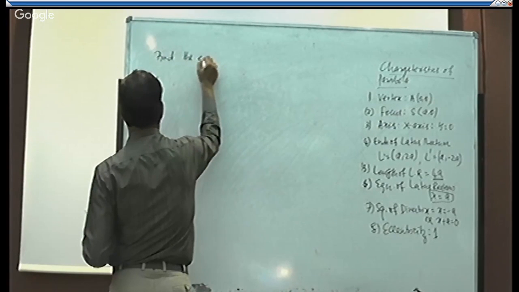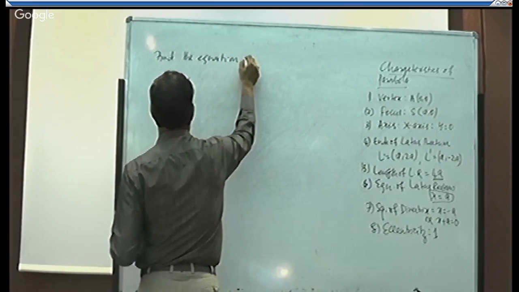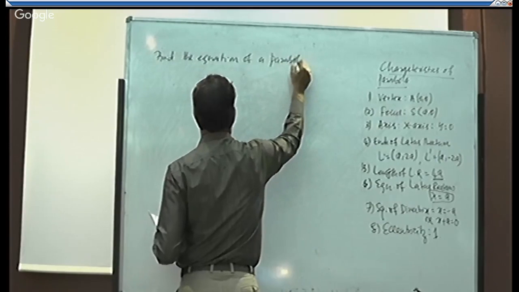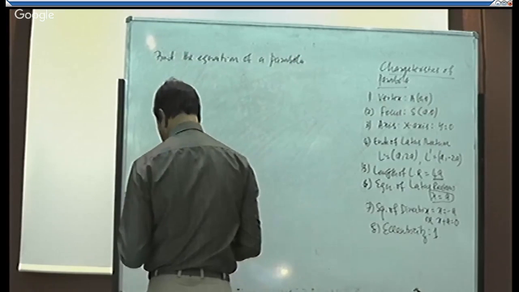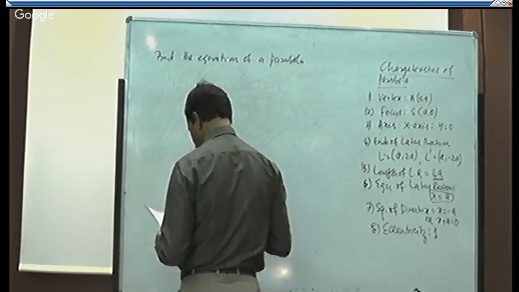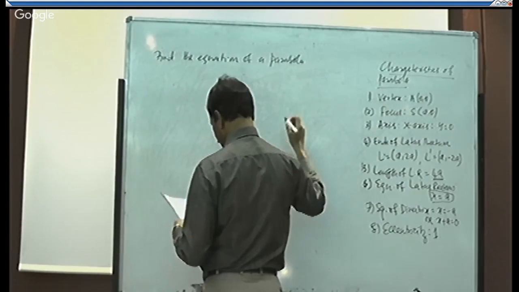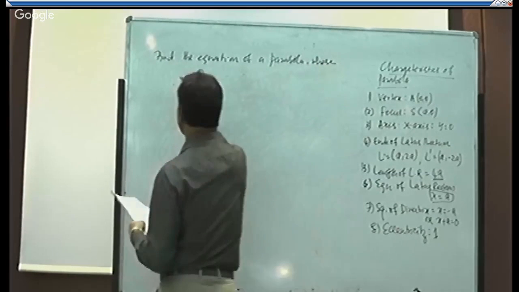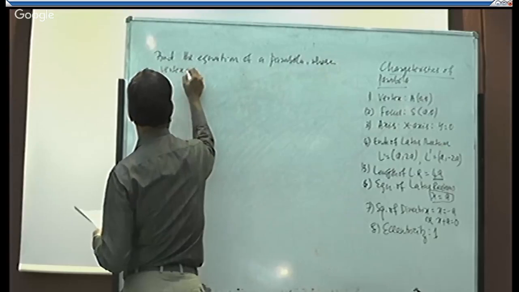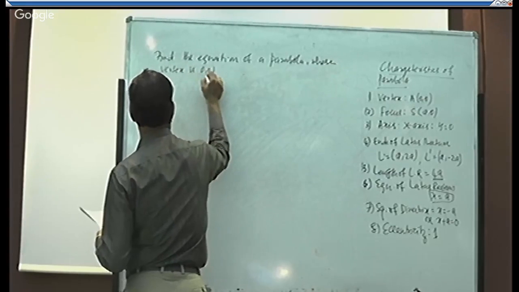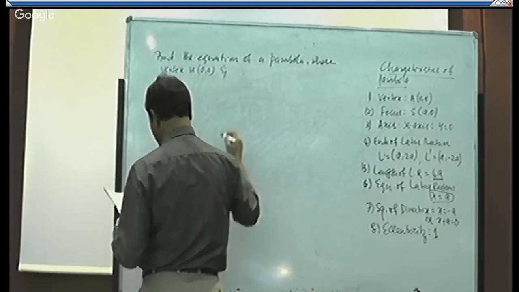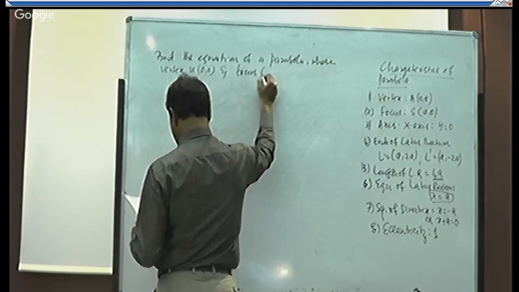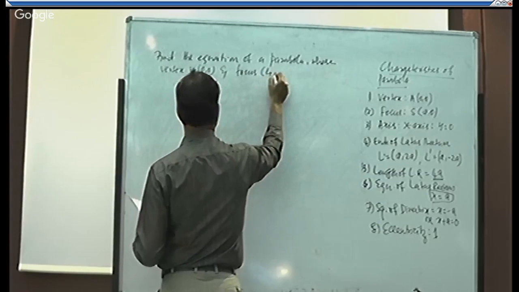Find the equation of a parabola whose vertex is 0 comma 0 and focus 4 comma 0.